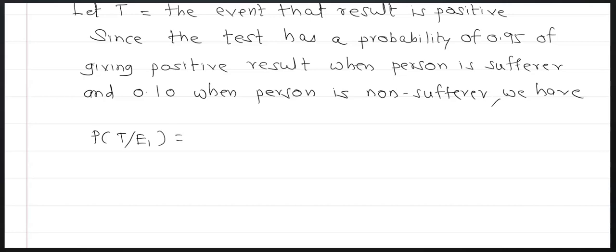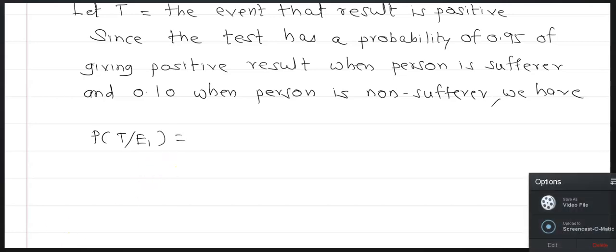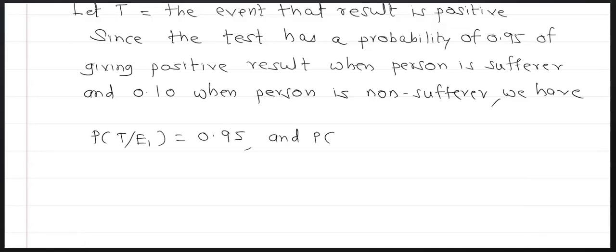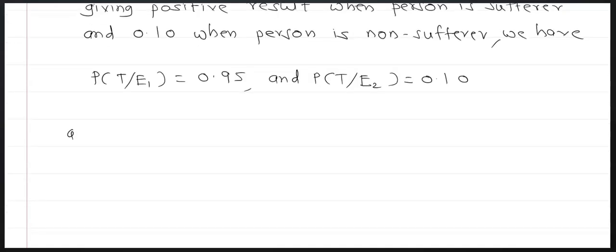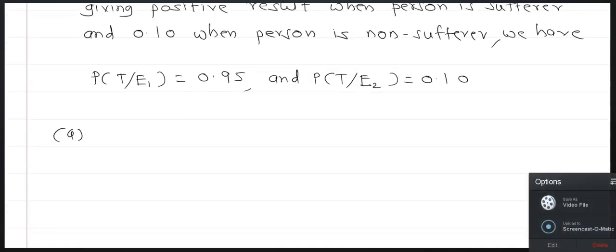We have the probability of T conditional on E1 is equal to 0.95. The probability of T conditional on E2 is 0.10. These are important.